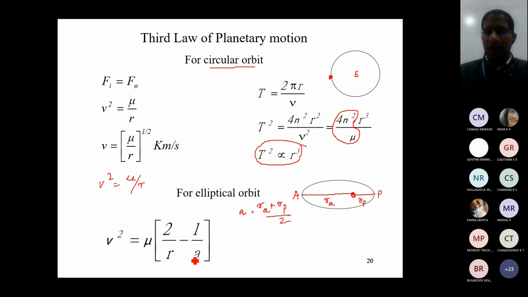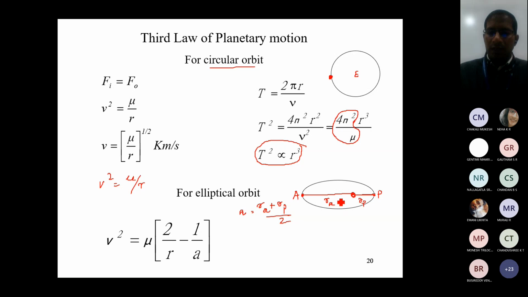And R is the instantaneous distance from the center of the Earth. Suppose your satellite is located at apogee, then the value of R is equal to RA. If the satellite is located at perigee, then the value of R is equal to RP.